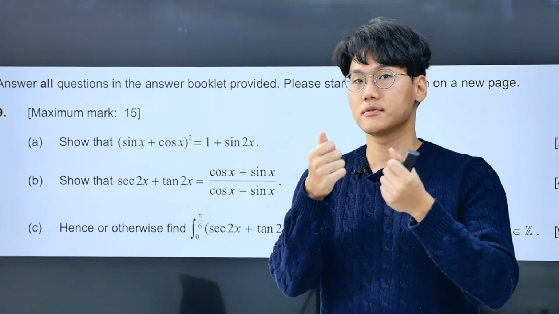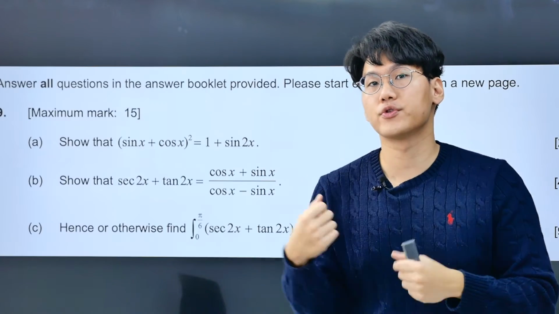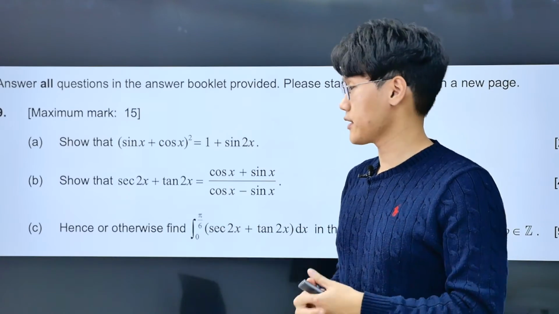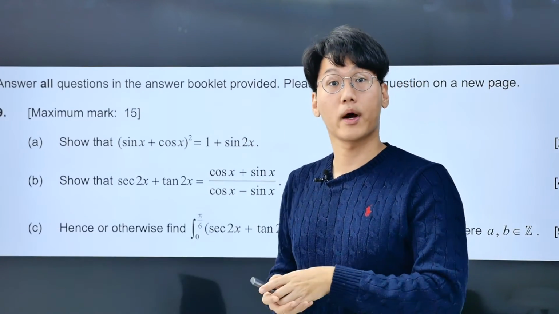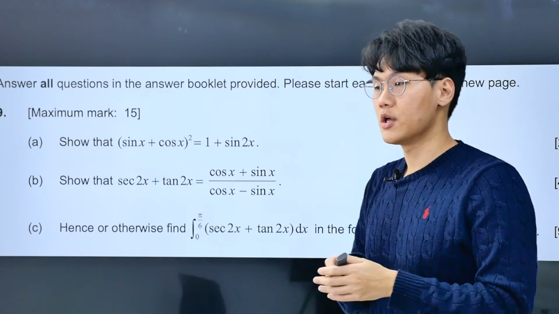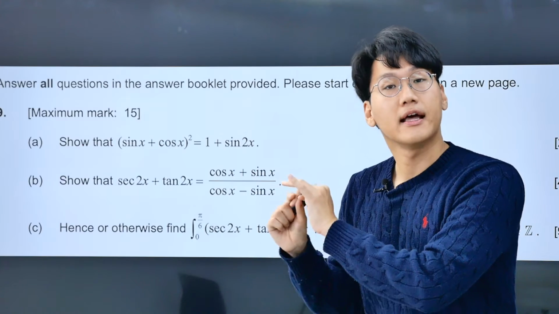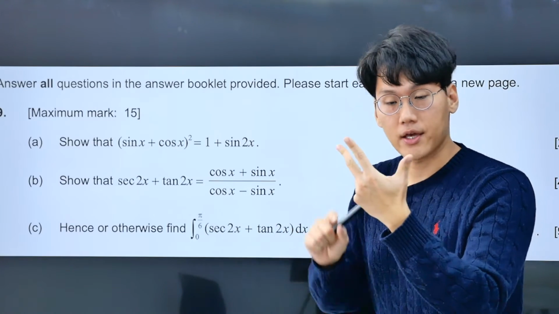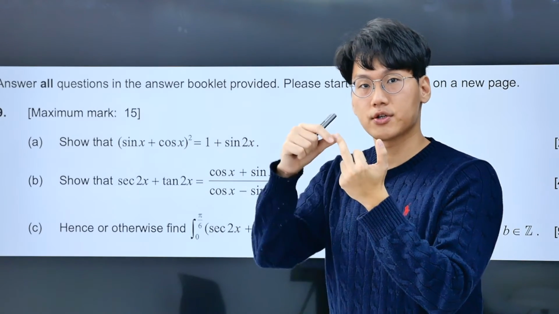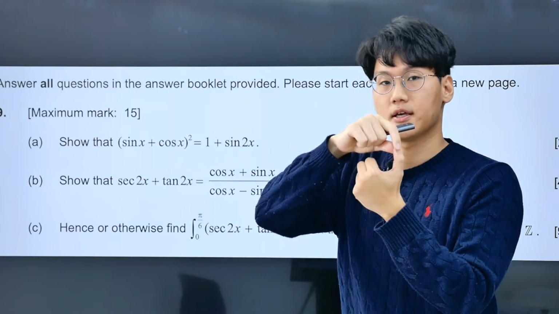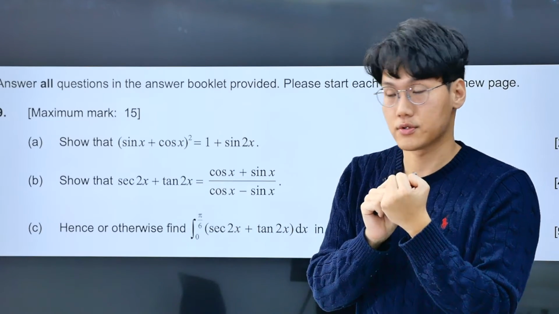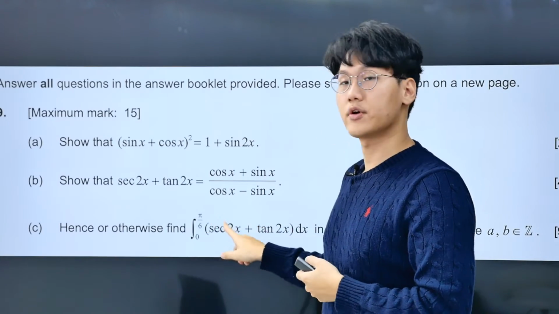Often, they don't go through the integral of secant; they only go through secant square. But what I encourage students to do is to be able to integrate secant, secant square, and secant cubed. In that way, you get to learn the fundamental theorem of calculus, integration by parts, and integration by substitution.